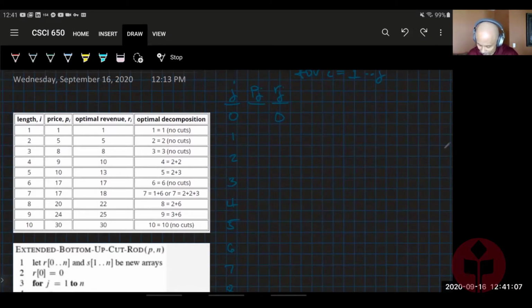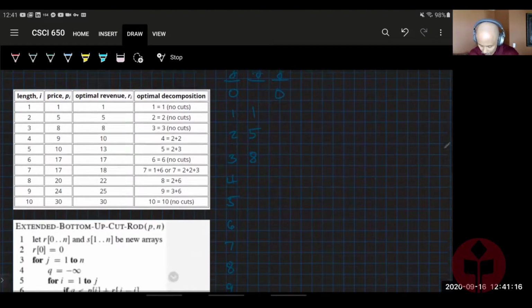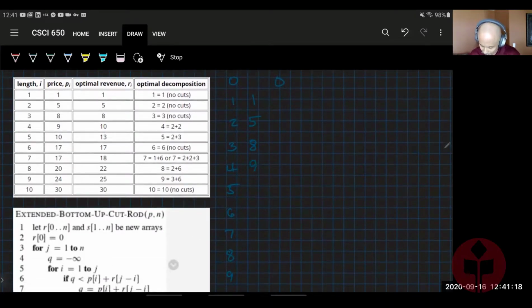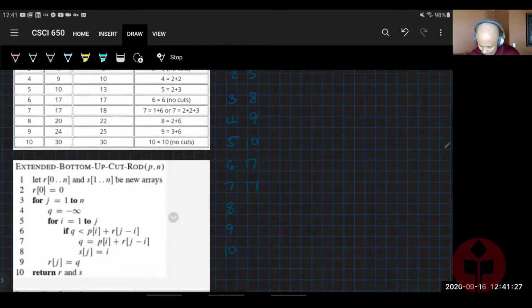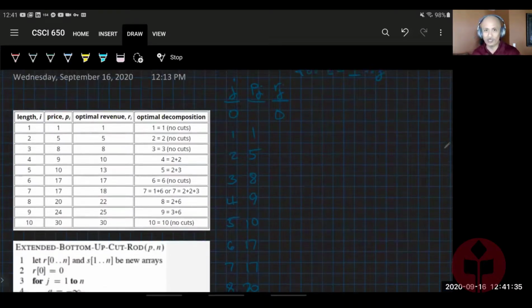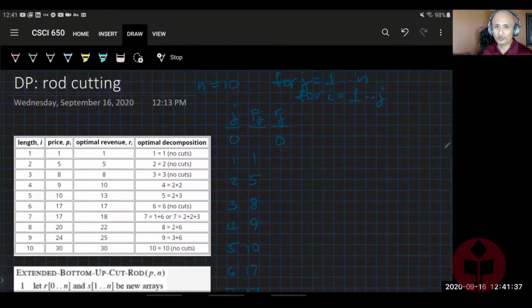So P1 is 1, P2 is 5, P3 is 8, P4 is 9, P5 is 10, P6 and P7 are both 17, P8 is 20, P9 is 24, and P10 is 30. So far, so good. All we've done is we've copied what was given.